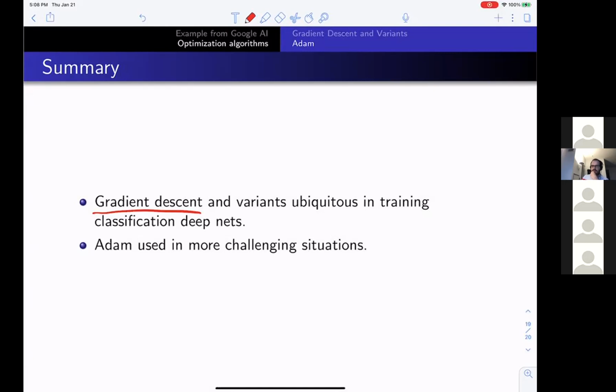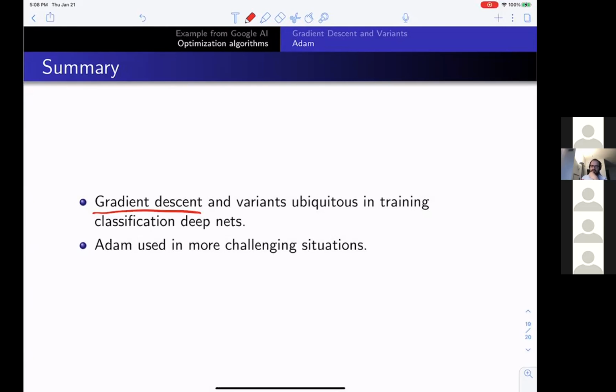If you can process at each iteration 100 images versus 1,000 images, in the case of 1,000, you would go through your data set faster, right? So on the one hand, you want to use large batches.